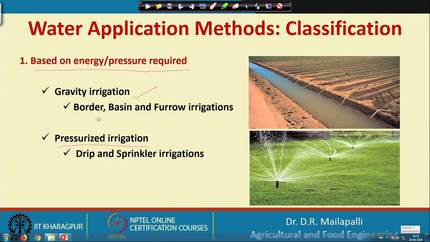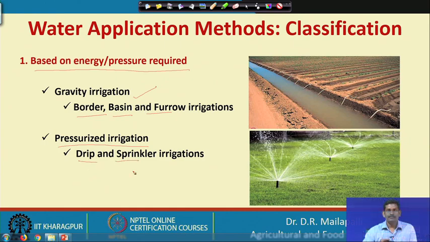In gravity irrigation the examples are borders, basins and furrows, whereas in pressurized irrigation, drip and sprinkler irrigations are the examples, in which the water is pumped to the systems and applied by pressure.